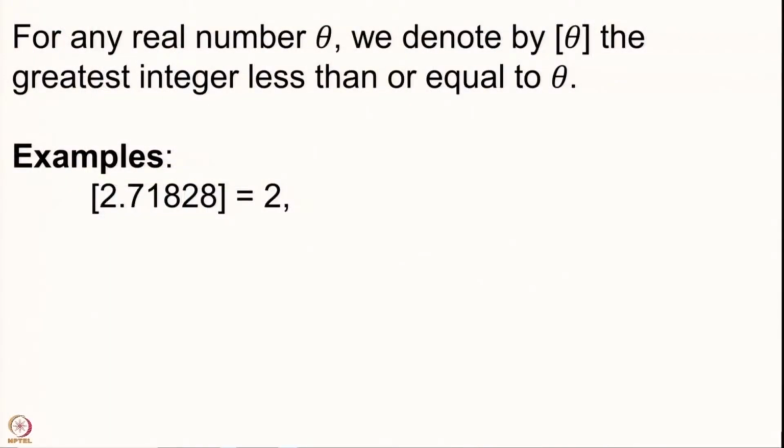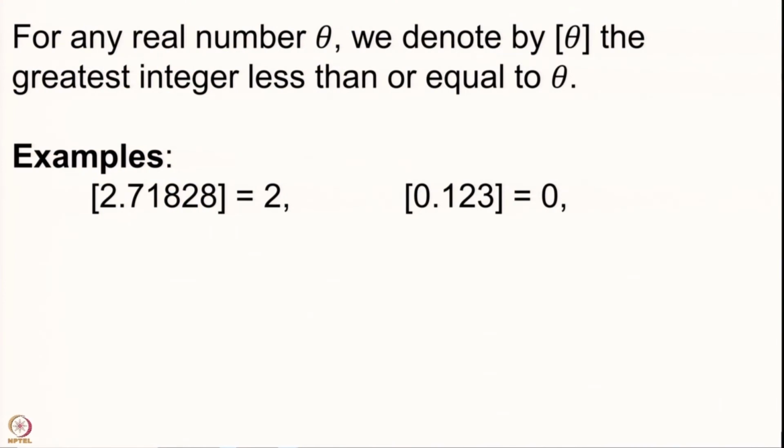So, let us look at some examples. If I have 2.71828, if you remember, this is the expansion for e, the Euler number, where it does not stop at the 8 that we have given, but goes beyond. The floor function for this is equal to 2, because 2 is less than this number and 3 is not less than this number.